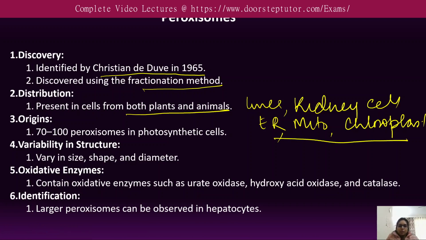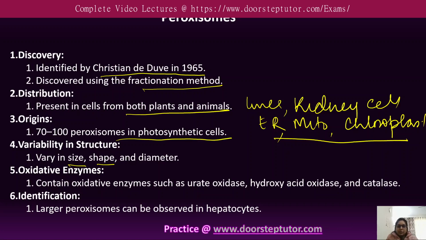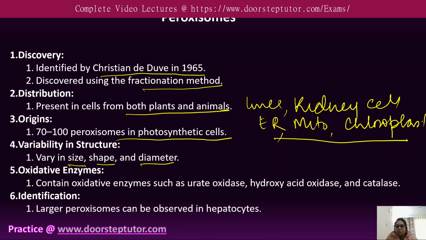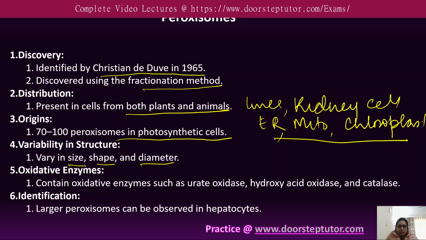The origin: the endoplasmic reticulum gives rise to 70 to 100 peroxisomes in a photosynthetic cell. They vary in size, shape, and diameter, and they are membrane bound organelles with an outer membrane only, covering a granular and fibrillar internal matrix.